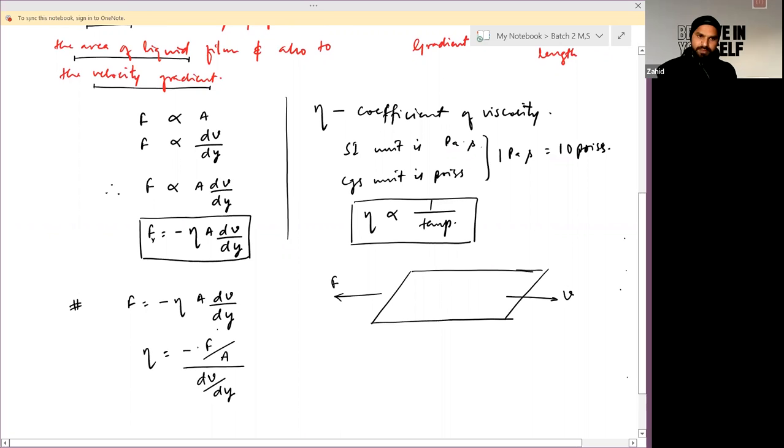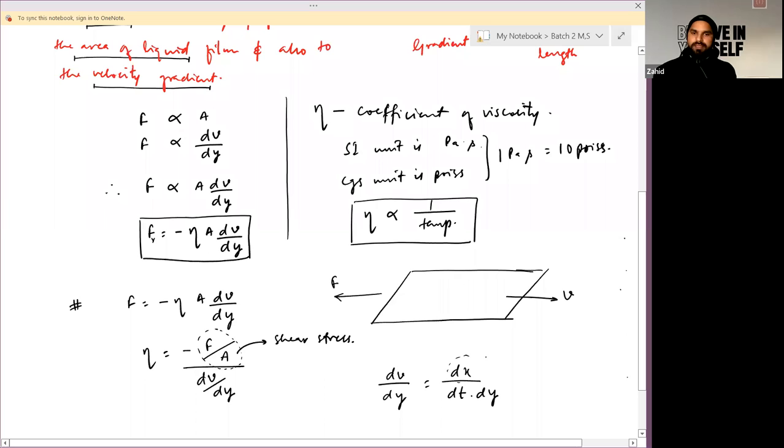This force per unit area, this force being tangential to the surface, we can write as shear stress, which we had learned in the previous chapter, mechanical properties of solids. And in the denominator, dV by dy may be written as dx over dt times dy.